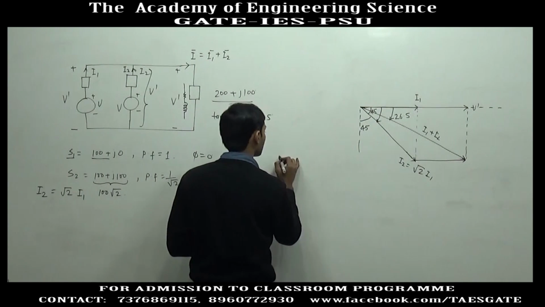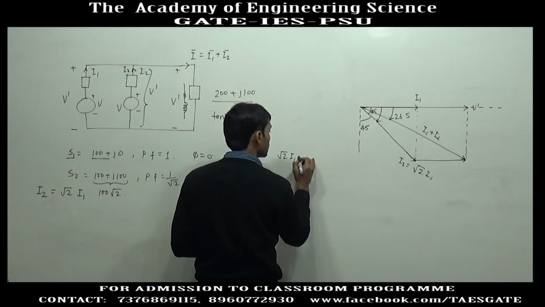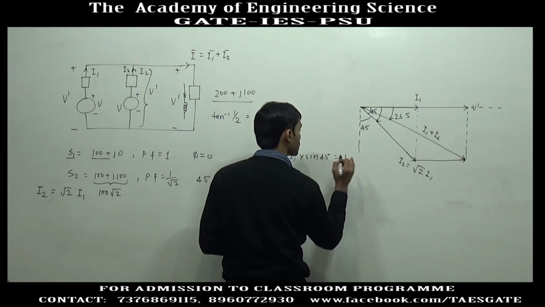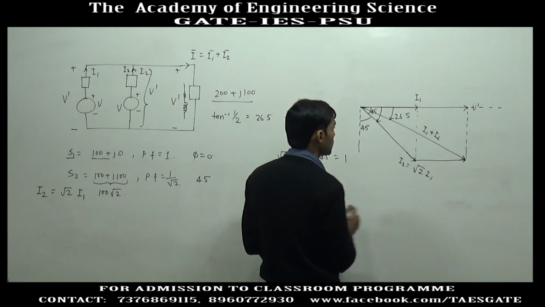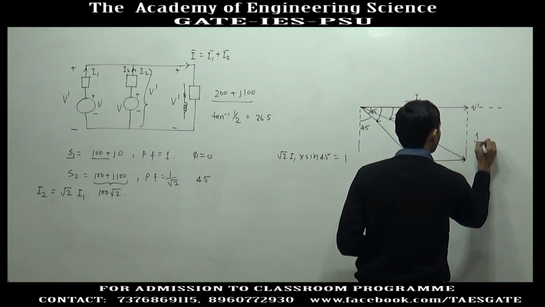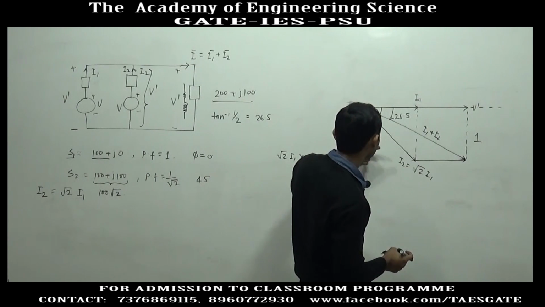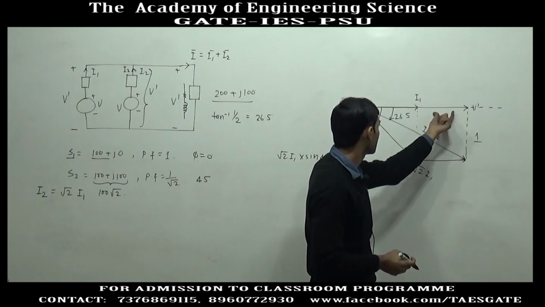So the height is root 2 I1 into sine 45 degrees, which is I1. And this length will be the sum of this length plus this length.